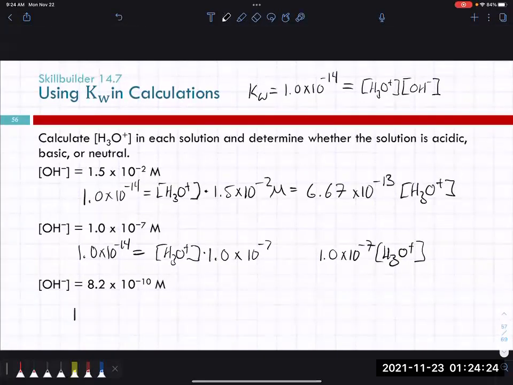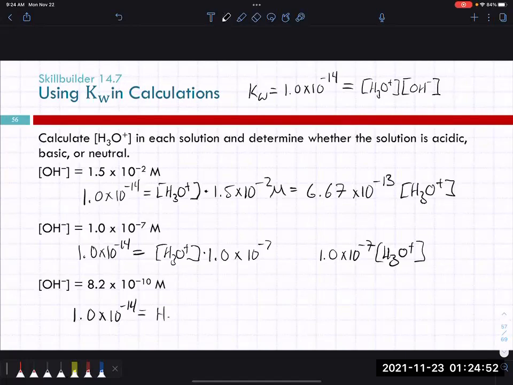Do this last one real quick, but it's exactly the same. For these kind of problems, converting between hydroxide and hydronium, it is more formulaic than doing a stoichiometry problem, converting those units. You just use this equation when you have concentrations.